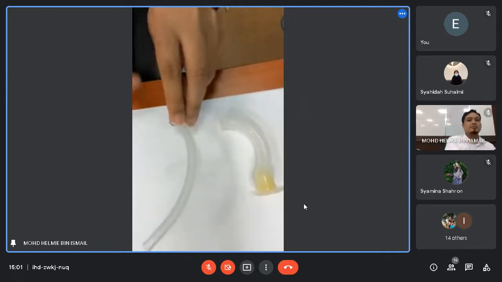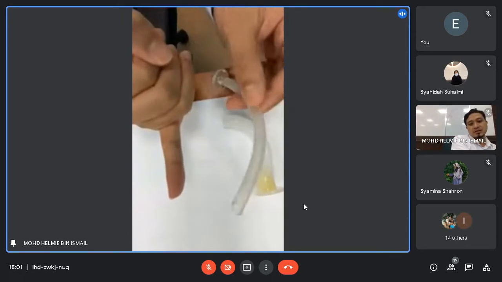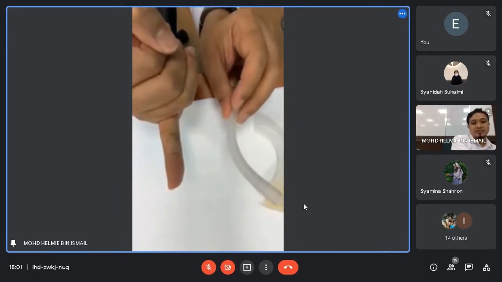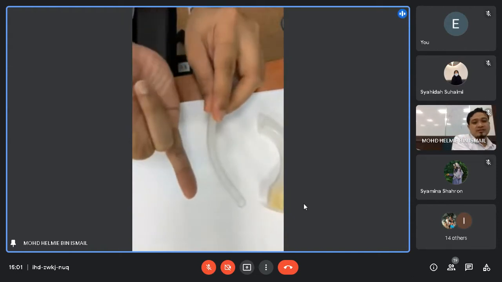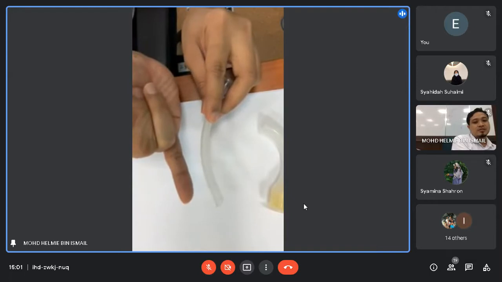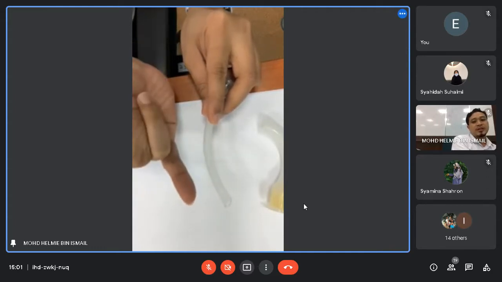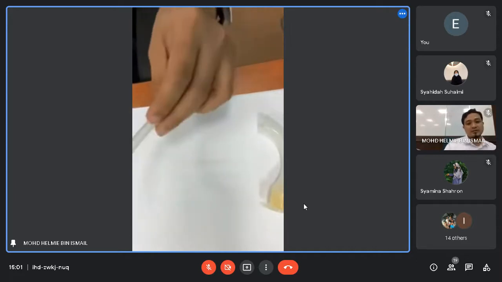The nasopharyngeal airway is sized based on the little finger. It is the patient's little finger, not the doctor's little finger. If I were the patient, this one would possibly be smaller, so it's not the correct size. You need to measure that the patient's little finger is similar to the size of the nasopharyngeal airway. Alright.